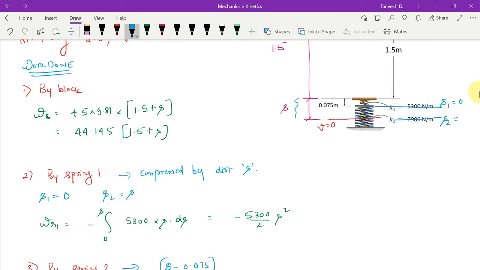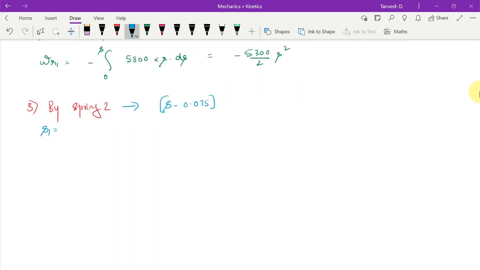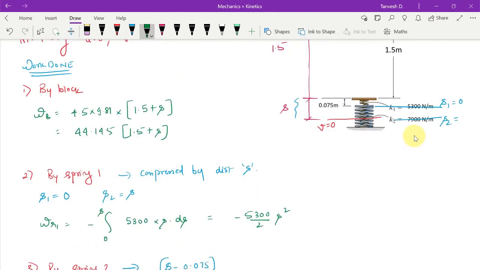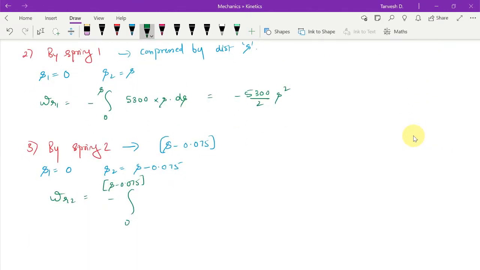S2 is equal to S minus 0.075. The work done by spring 2, I'll say WR2, is minus of integration 0 to S minus 0.075 of its stiffness, which is 7900 Newton per meter, 7900 into S times ds.